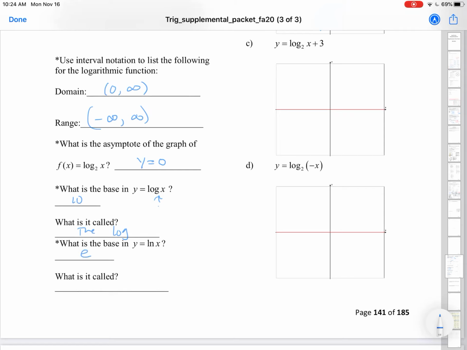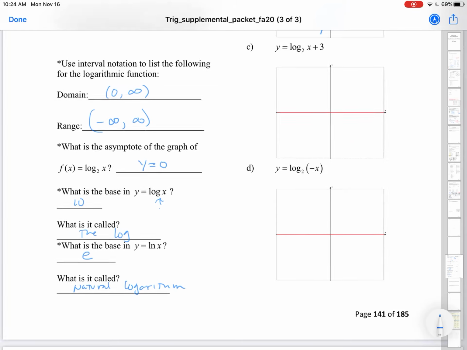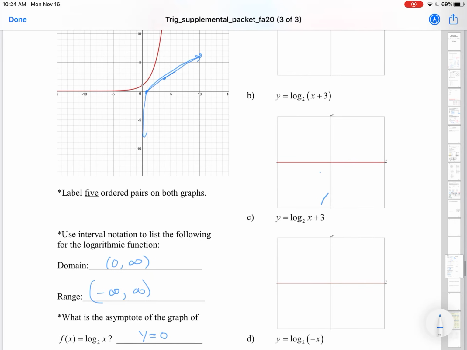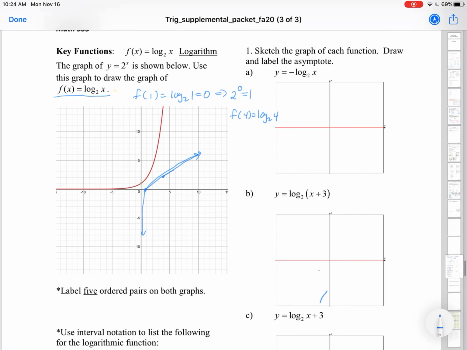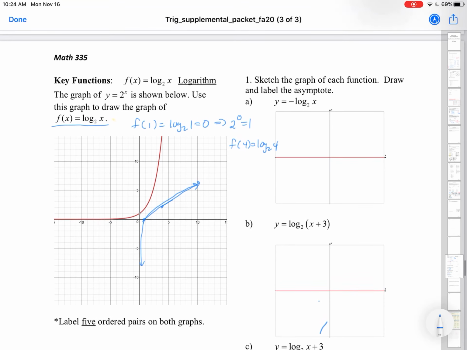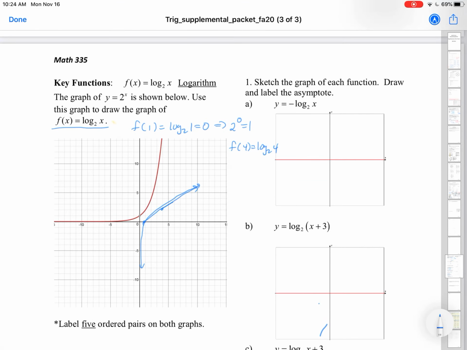We use ln a lot because e, the natural number, is used a lot as we do things that are happening in nature. What is it called? It's called the natural logarithm. If you ever hear of the natural logarithm, it is ln.